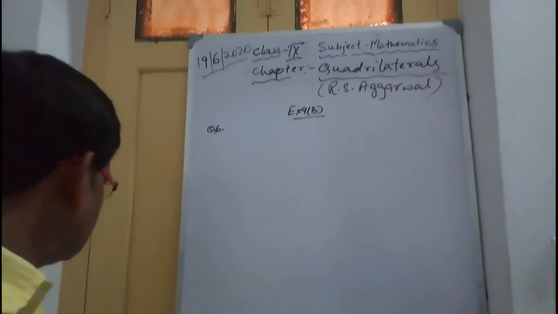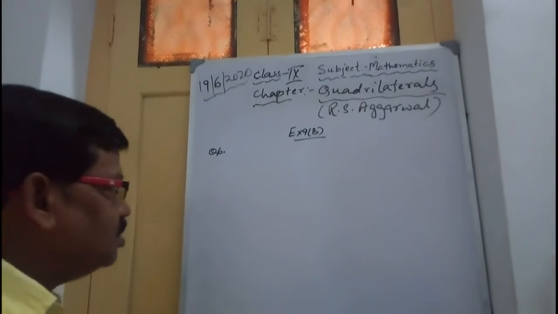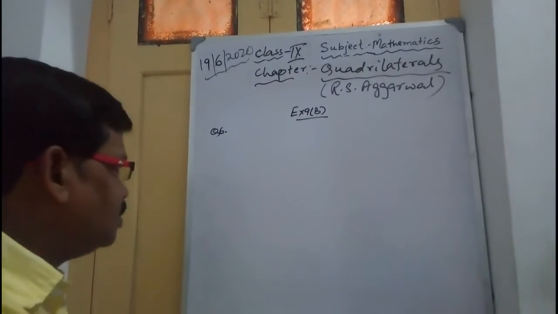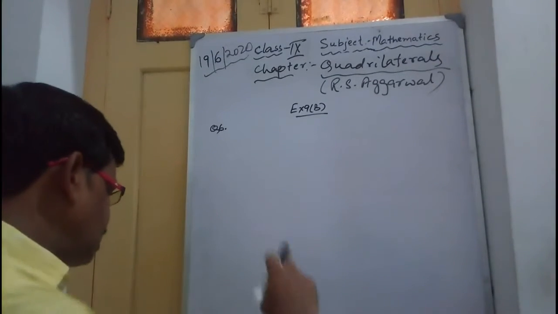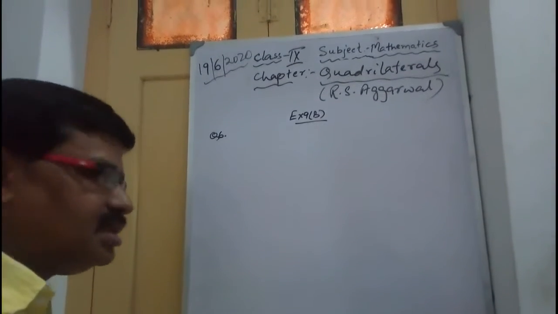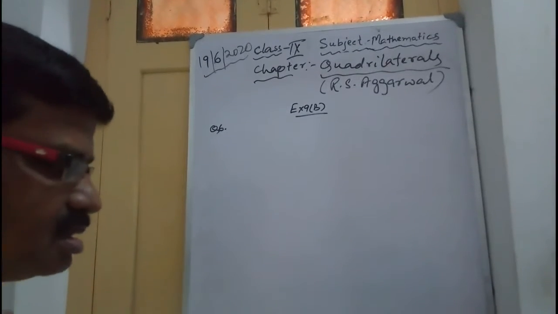Now in this question number 6, one angle of a parallelogram is 4/5 of its adjacent angle. Now find the angles of the parallelogram.